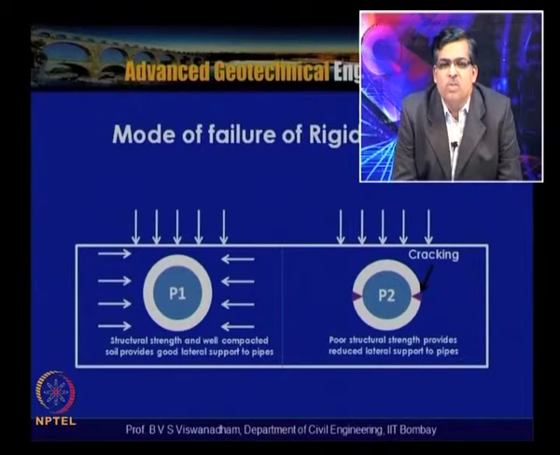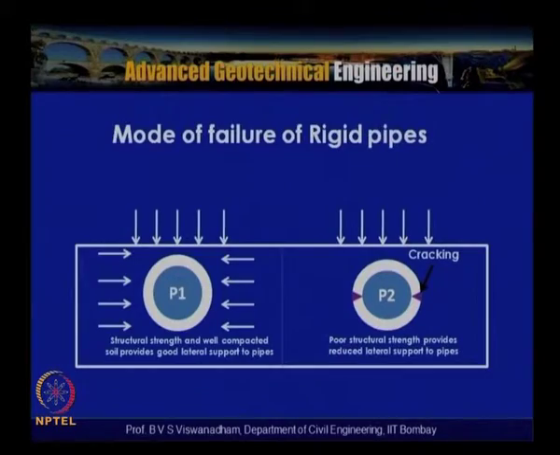Then we tried to distinguish between rigid pipes and flexible pipes, and in a way we brought in the active arching and passive arching phenomena, and we said that active arching is predominant in flexible pipes, and passive arching is predominant in rigid pipes.